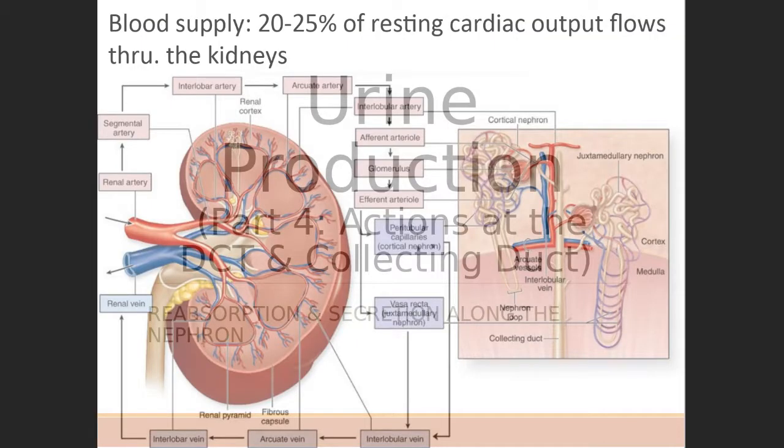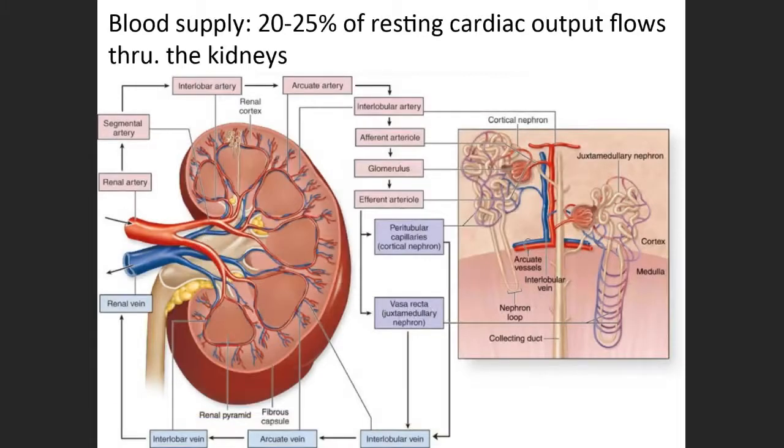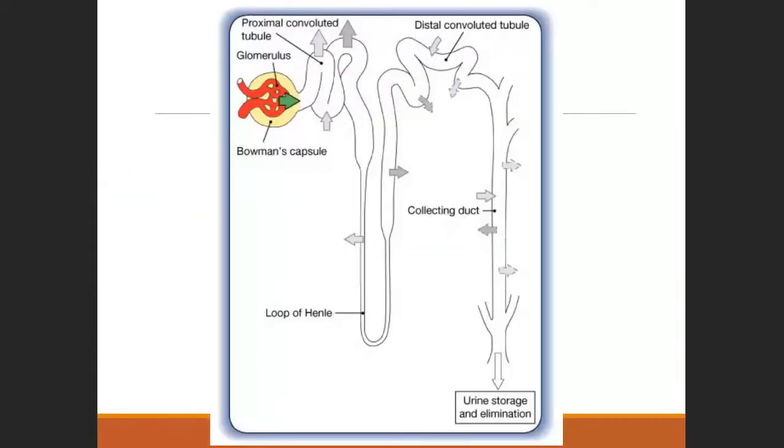Remember, we're looking at filtering out of the blood any waste products and anything that we have in excess. That filtration is going to take place at the glomerulus, our renal capsule. We produce a filtrate that goes into our proximal convoluted tubule, upon which we reabsorb approximately 65 to 70% of all of the solutes that we just got done filtering, and we reabsorb them back into the blood using mechanisms of primary and secondary active transport and facilitated diffusion.